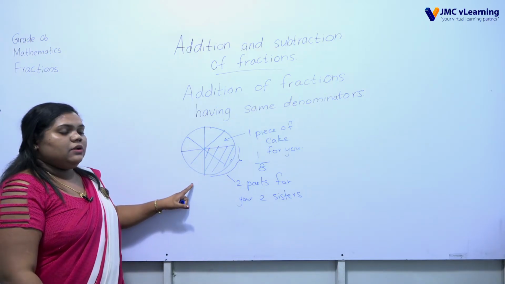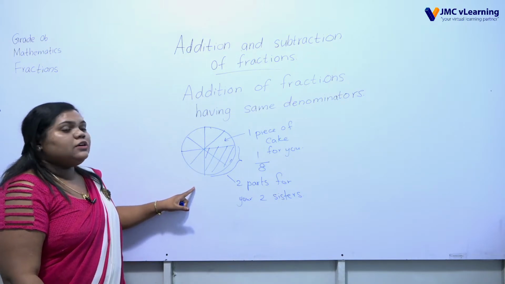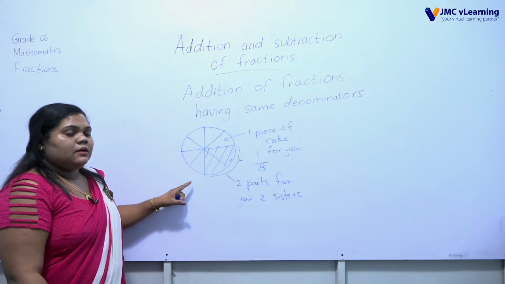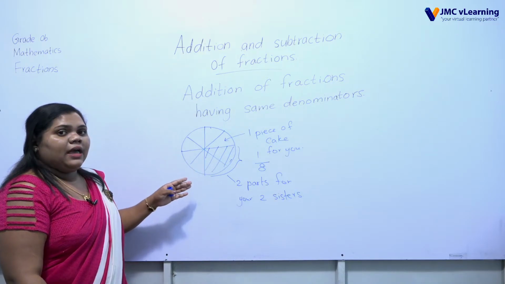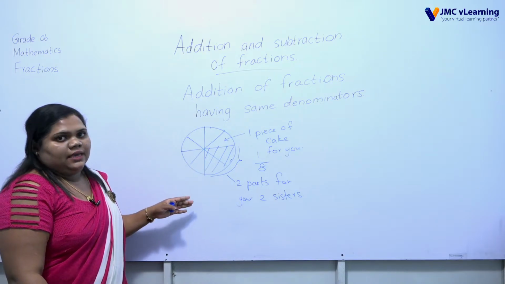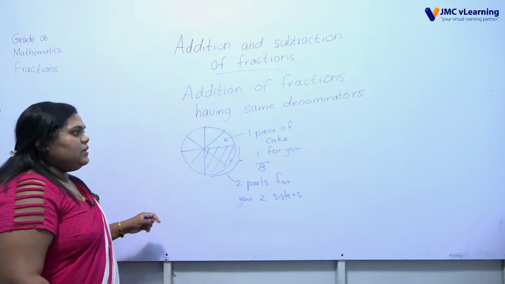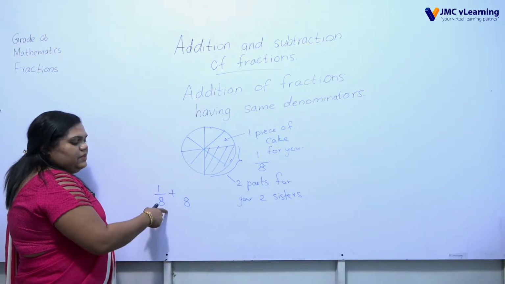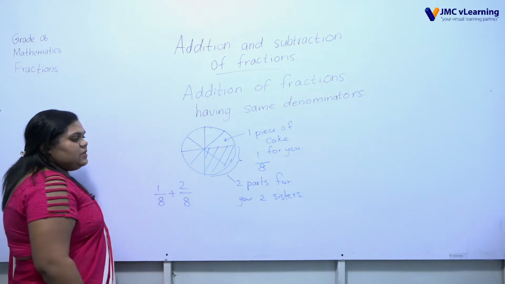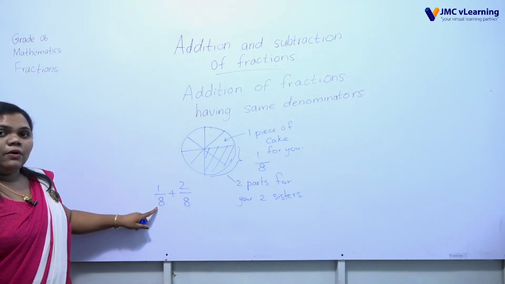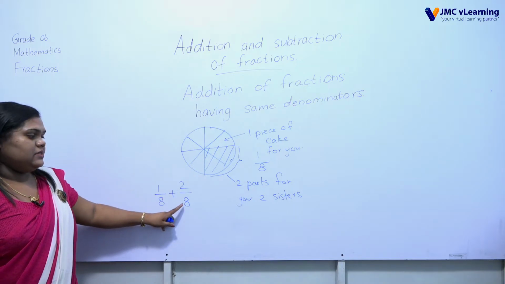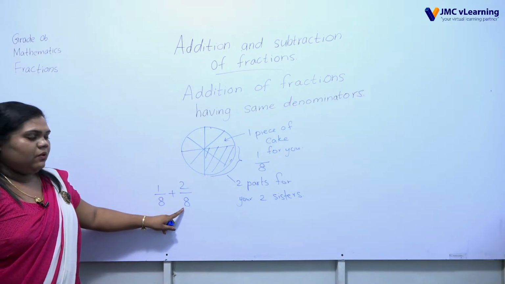So now you want to find the total pieces that you have taken from the cake. It means you want to add your piece with your sisters' pieces. This is your piece and this is the piece that your sisters have taken.